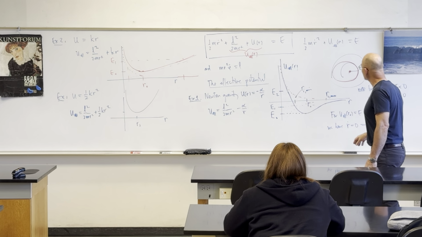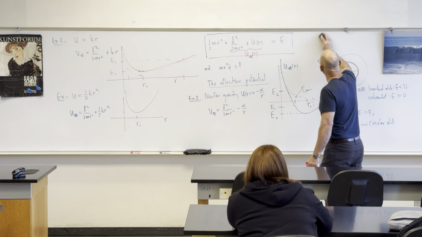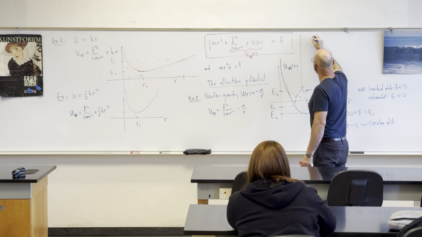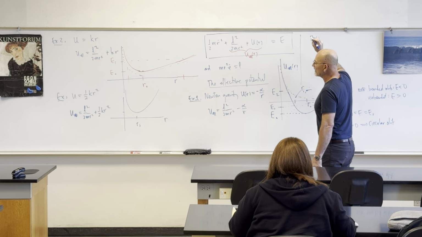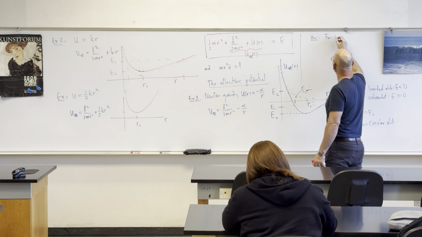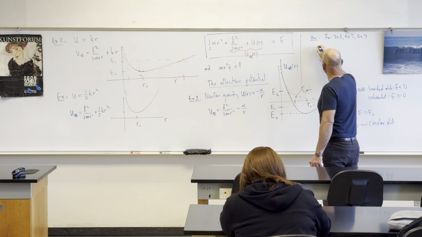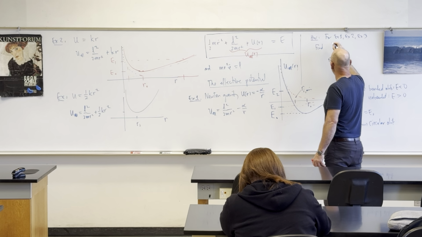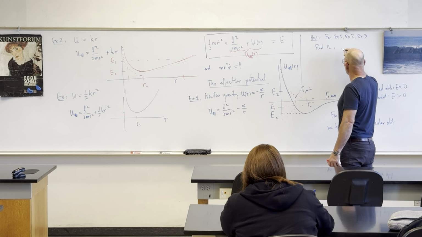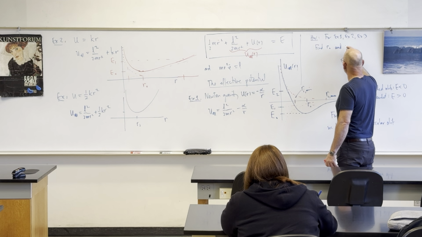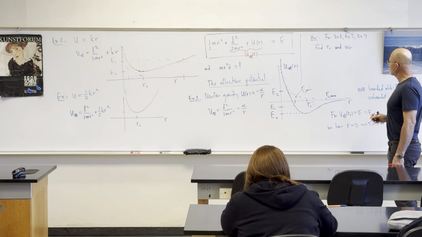Yeah, so I'm going to formulate that right up here. So for example 1, 2, and 3, find R0 and omega sub R for all three of these.